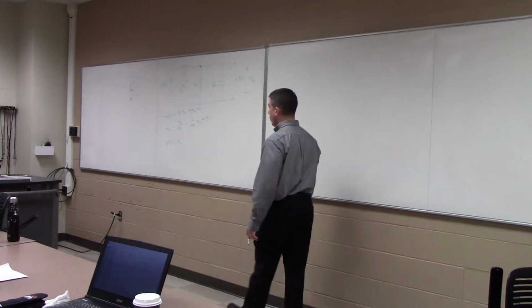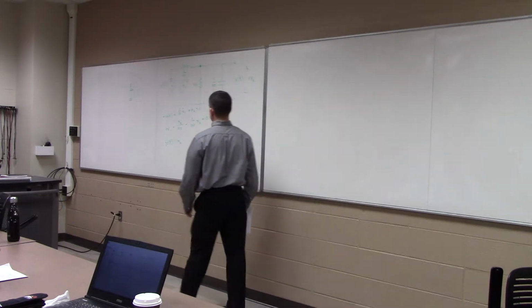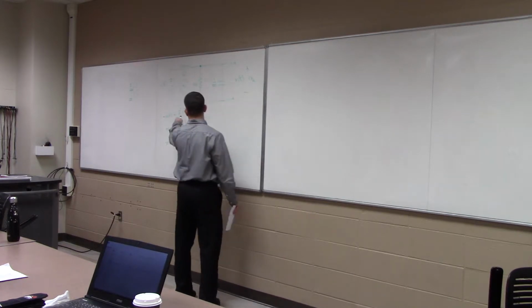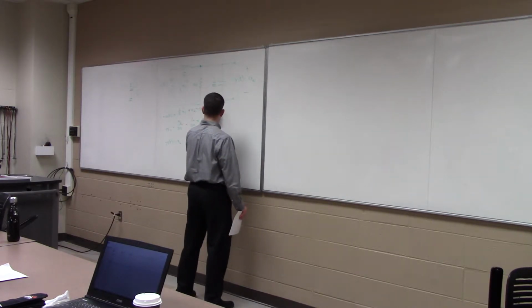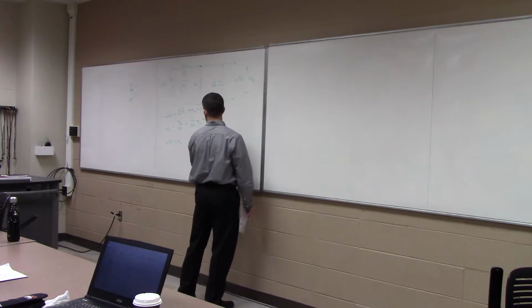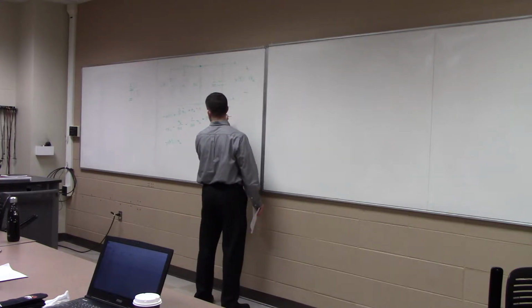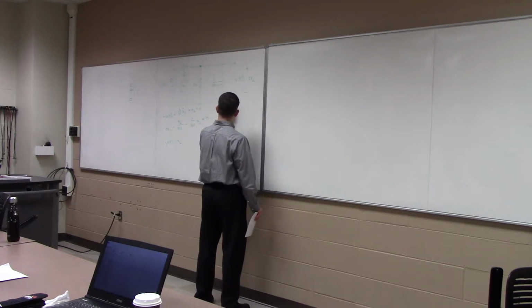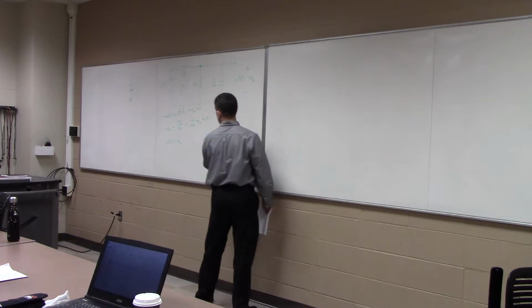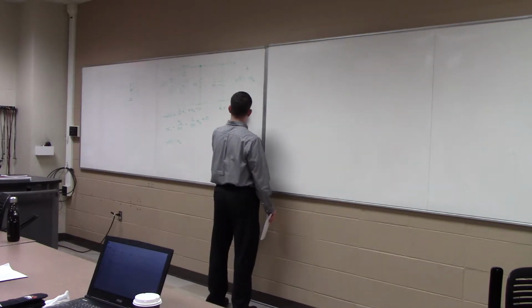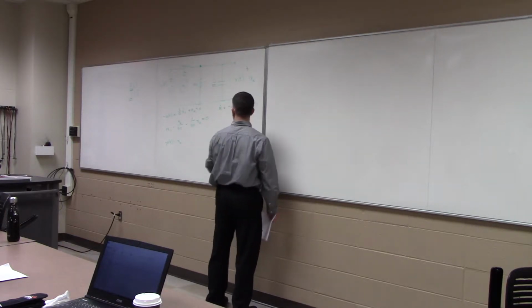So if I want to be more formal about how I write this, I'm going to solve this for x1 dot. So x1 dot is equal to negative 10 x2 minus 10 u of t.